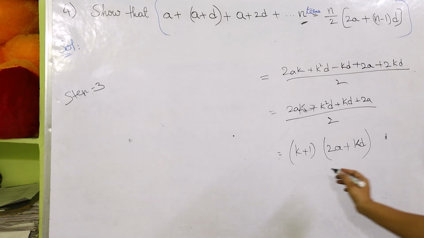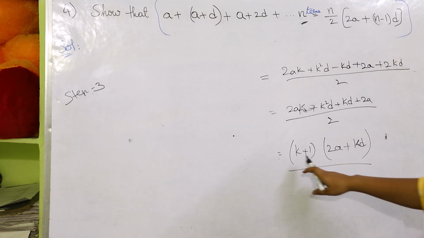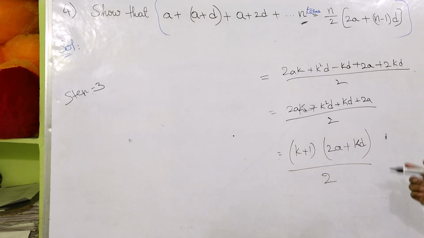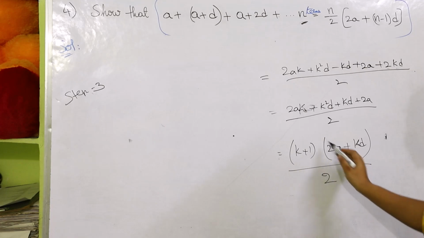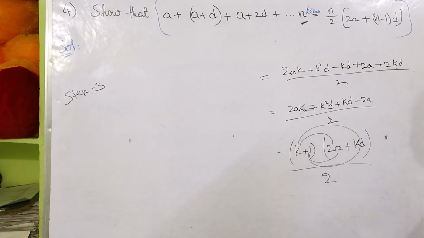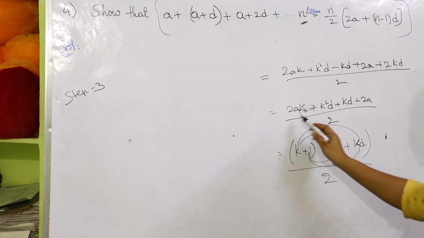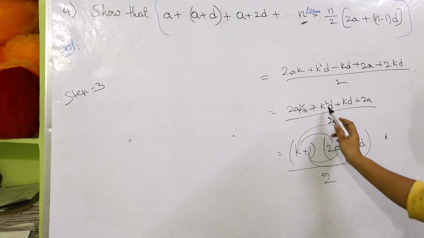Okay yes, by 2 as it is. Now here you can take this as common, k plus 1 into 2a plus kd. If you see, k into 2a is 2ak, and k into kd is k square d.